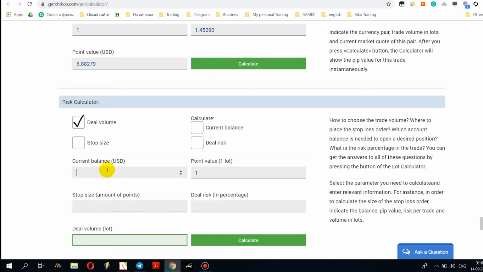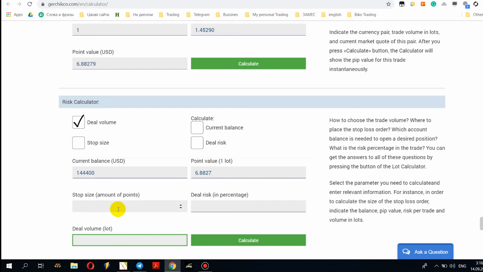Second step, we write our account balance as we wrote before, 144,400. Point value, we should use this number. Point value 688.27. Stop size amount in points.